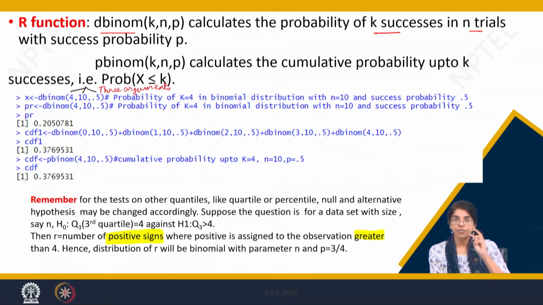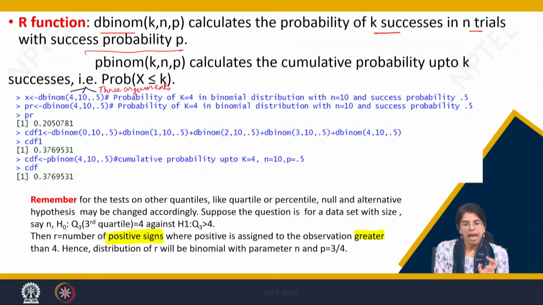Think about three arguments: k successes, n is the total number of trials, and p is the success probability. So, that is the density of the binomial. d stands for density, and pbinom(k, n, p) calculates the cumulative probability up to k successes. That means cumulative probability till the point k, so probability X less than or equal to k.